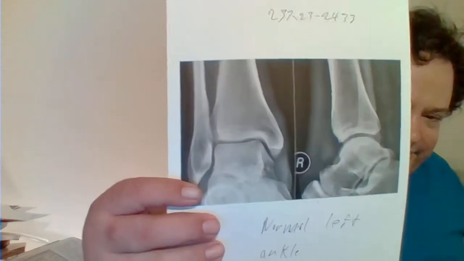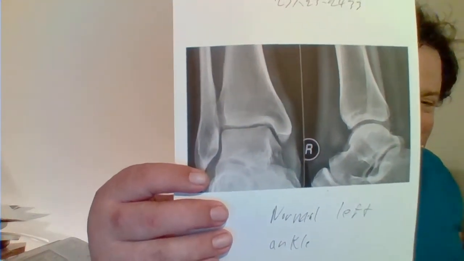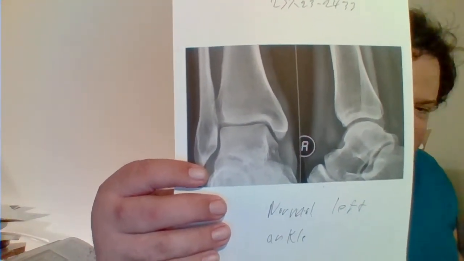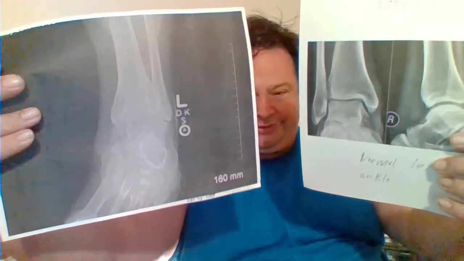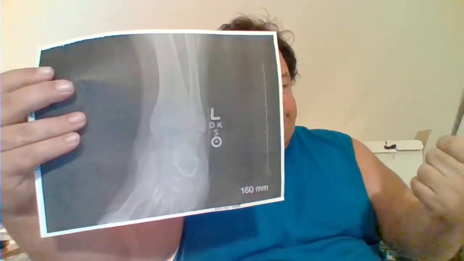Now this is what they wouldn't let me show them in court. Do you see why? One is not damaged, right? You can even see a difference when you compare the two ankles. Both.